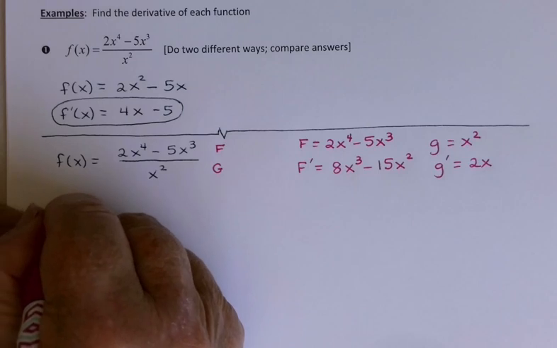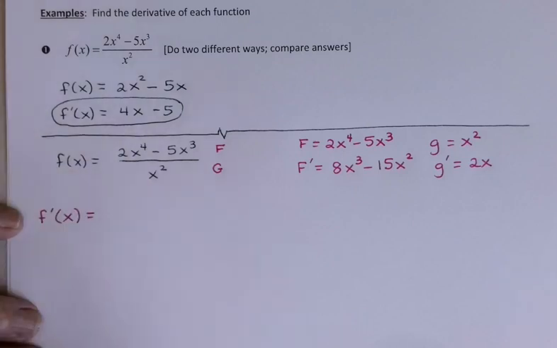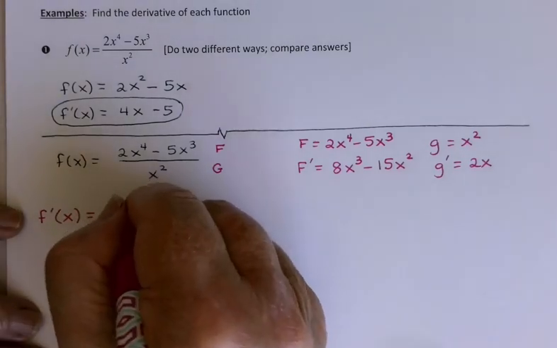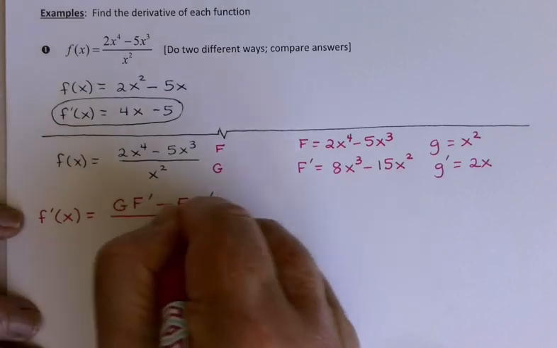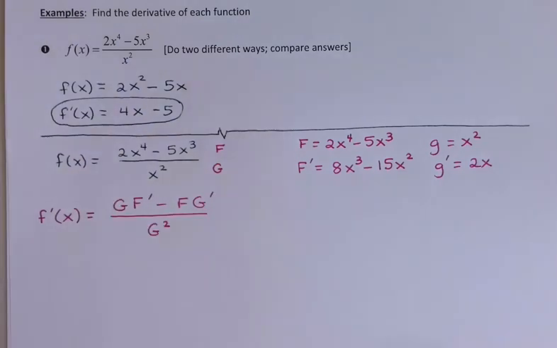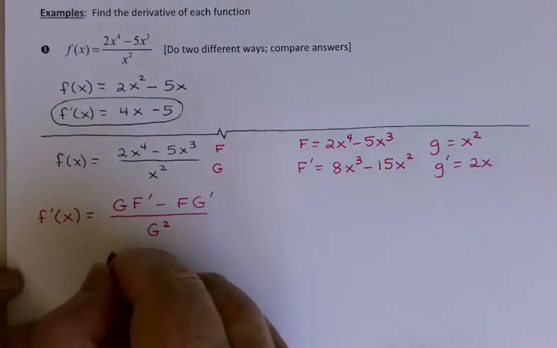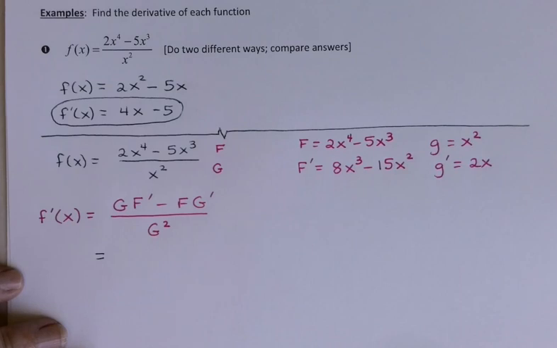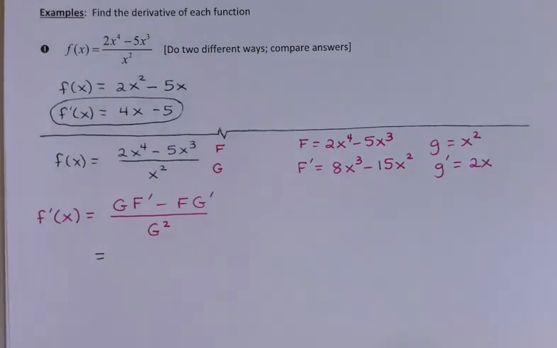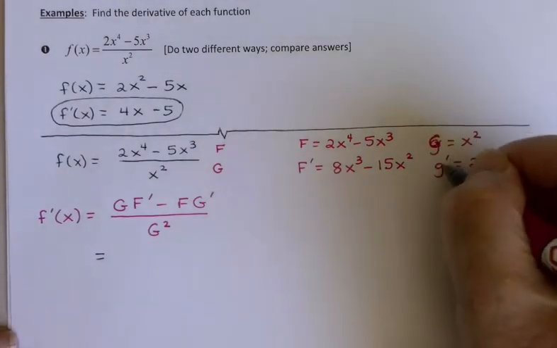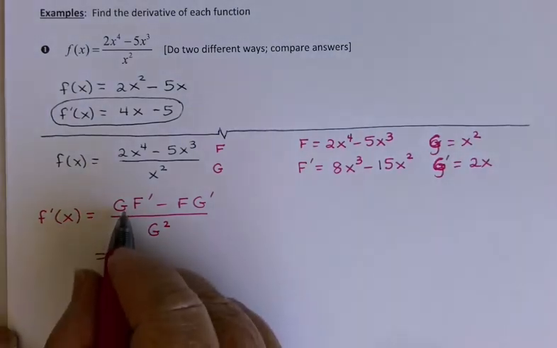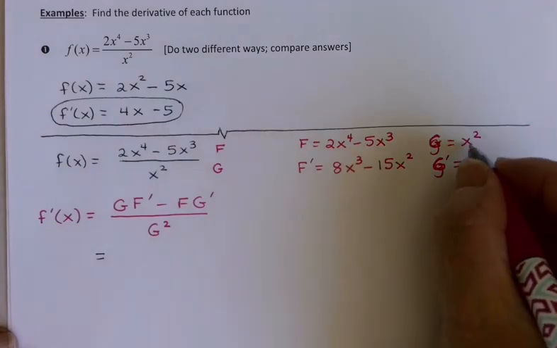So the derivative of my original function, little f prime of x, is my quotient rule, gf prime minus fg prime over g squared. And oops, you know what? Sorry about that. It bothers me when I mix these. I was using capitals. Let's make these uppercase capital G's. So G is x squared.